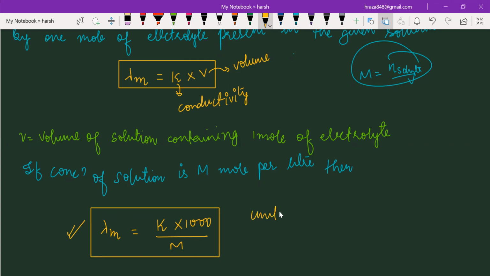And you know what will be the unit? The unit will be per ohm centimeter square per mole, or we can write Siemens centimeter square per mole, or we can write mho centimeter square per mole.